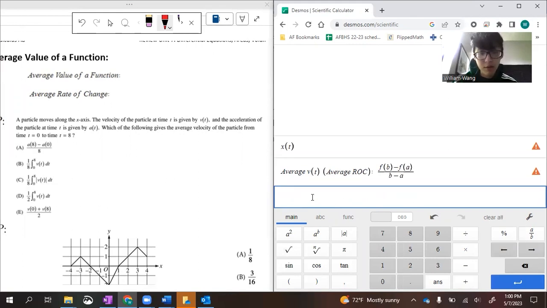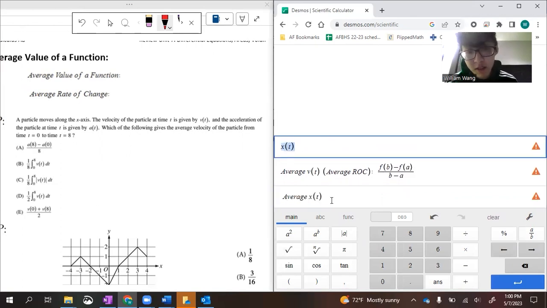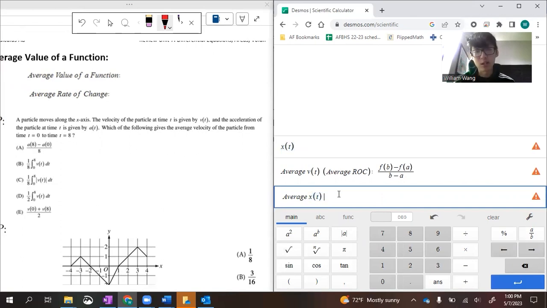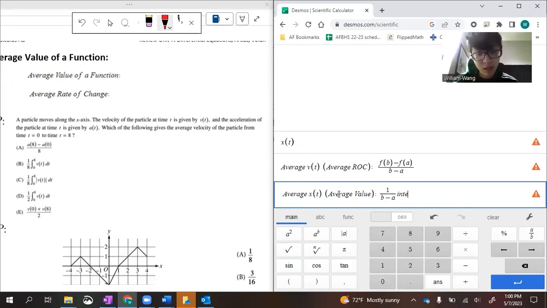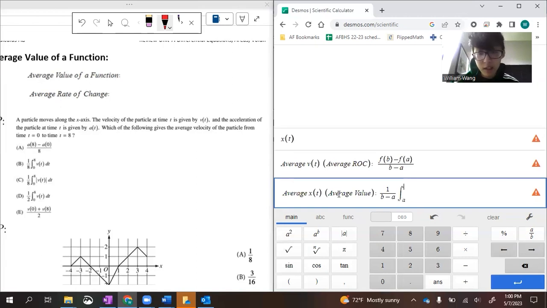However, let's say they ask me for my average position. So they give me my position and straight up ask for my average position. Then I'm not looking for any rates of change. I'm just looking for the average value. That is where this new equation comes in, which is 1 over B minus A times the integral from A to B of F of X dx, or in this case, X of T dt.